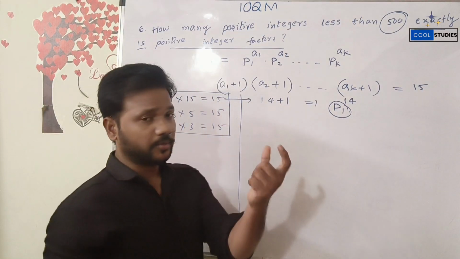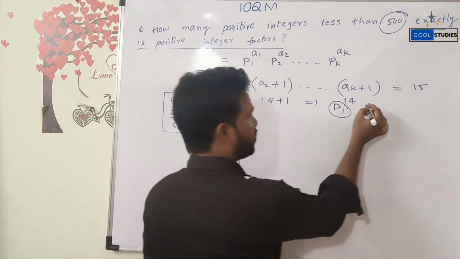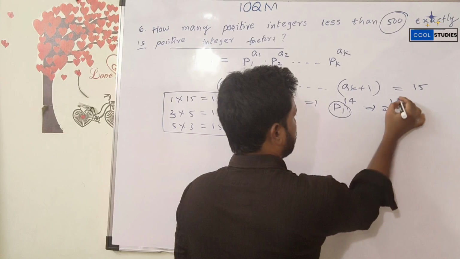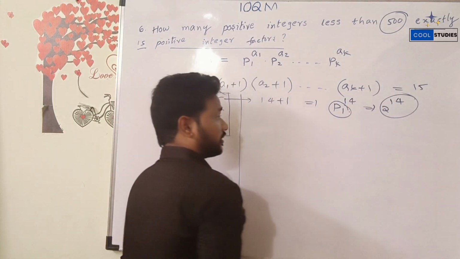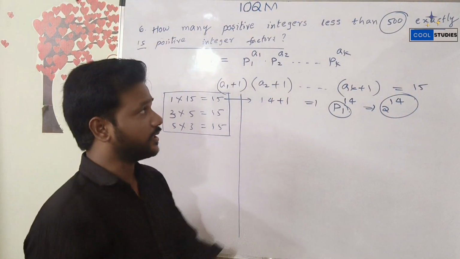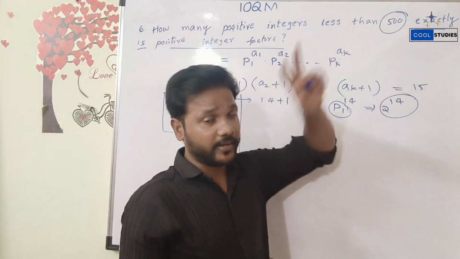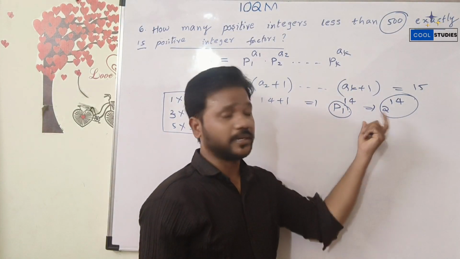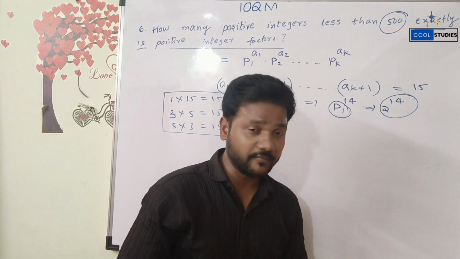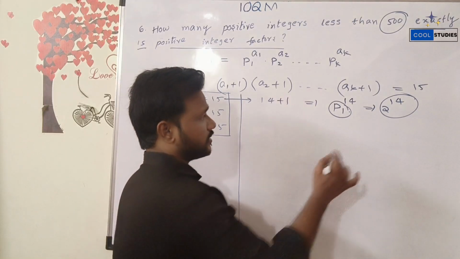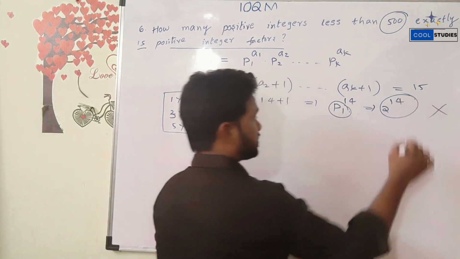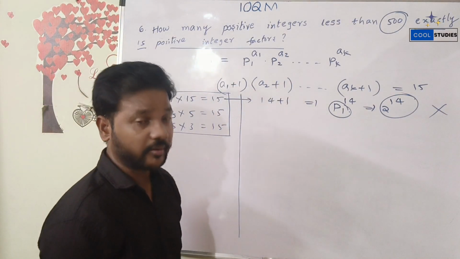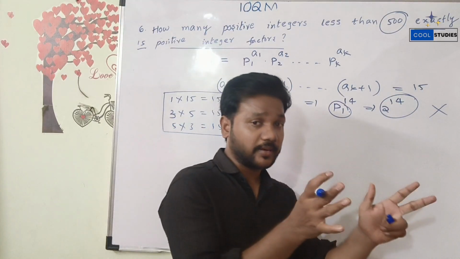Let us take one small prime number, 2. If we take 2 power 14, the answer must be less than 500. But we know that 2 power 14 is not less than 500. So this case is not applicable. We have to get the answer less than 500.